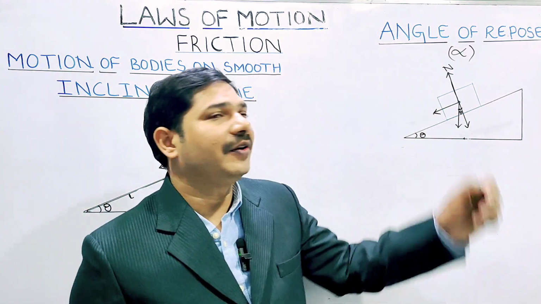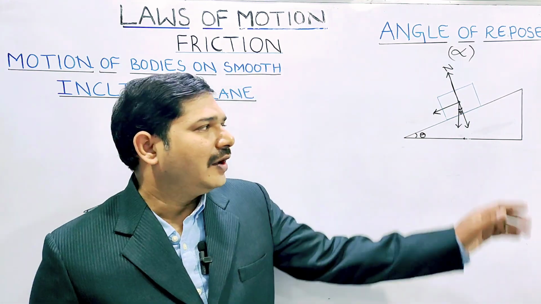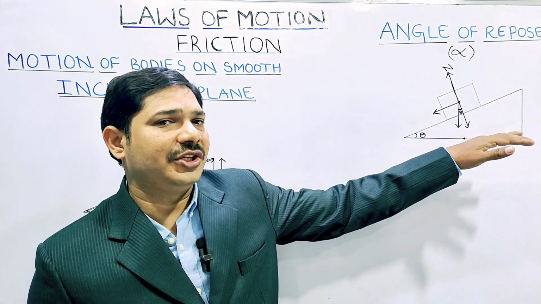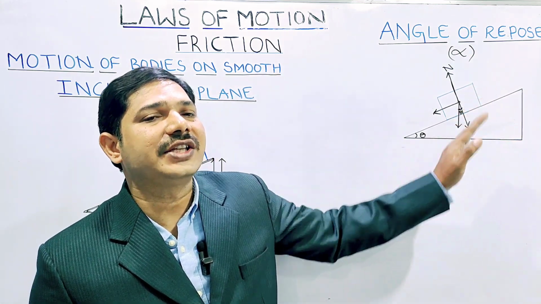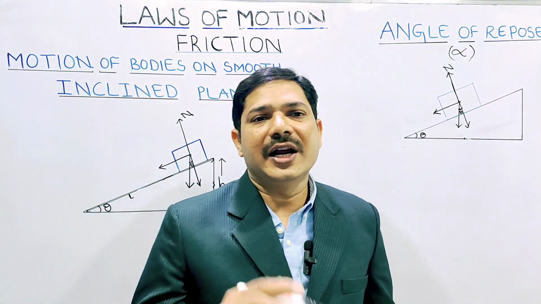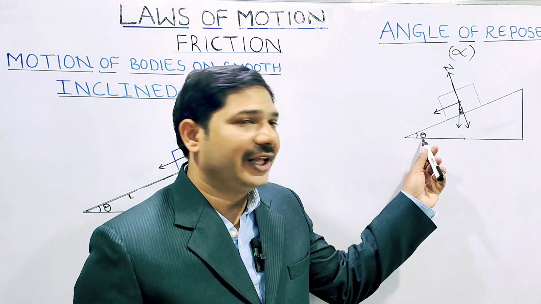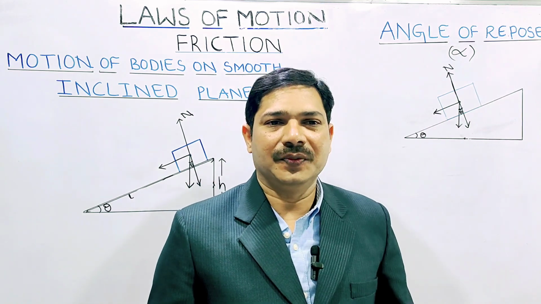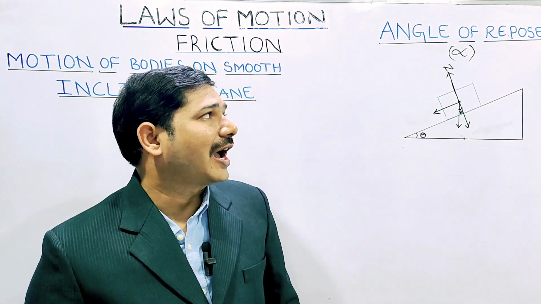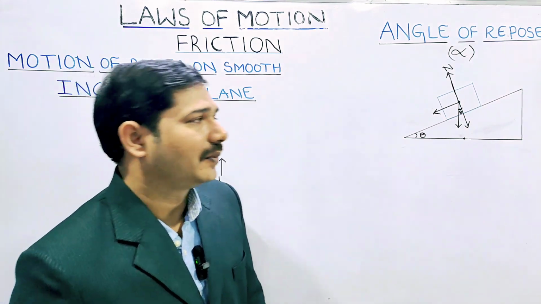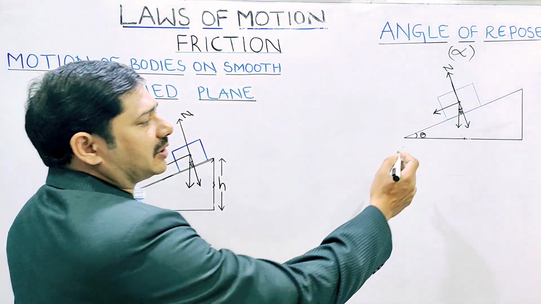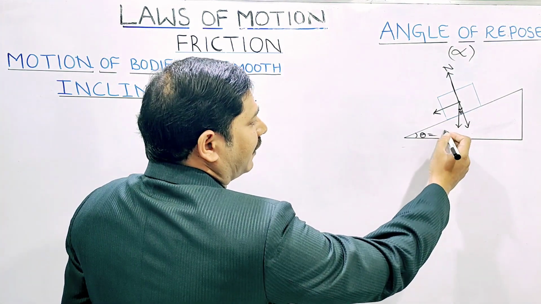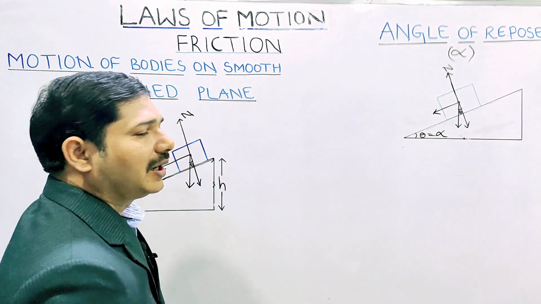Angle of repose means: as the angle of inclination gradually increases, at a particular angle the body tends to move, means ready to move. That angle is called the angle of repose.